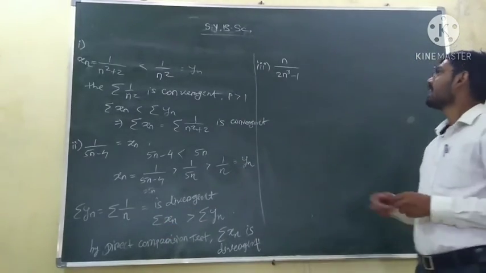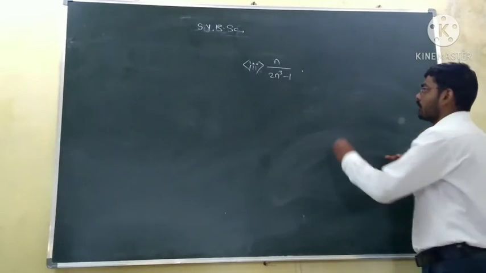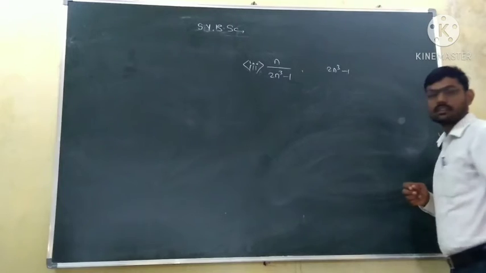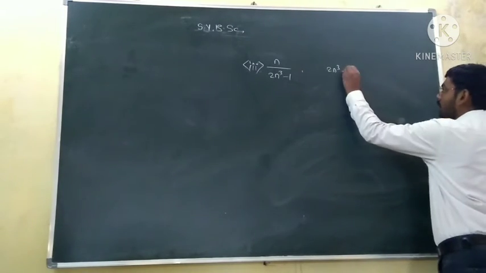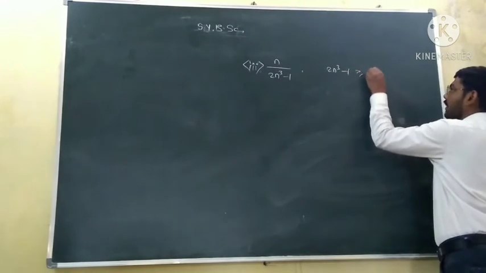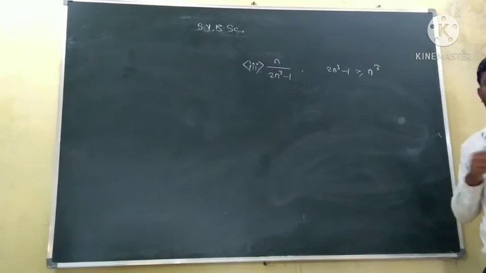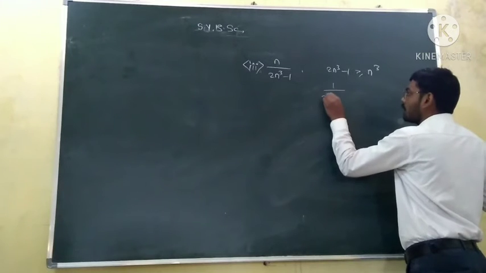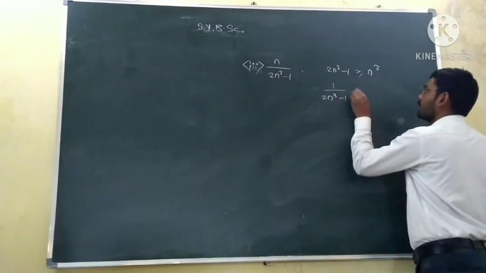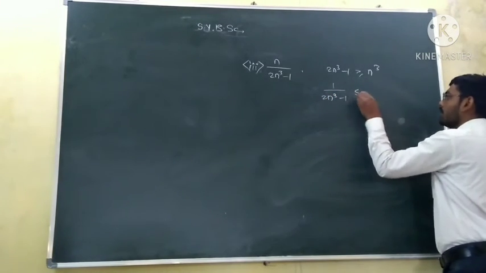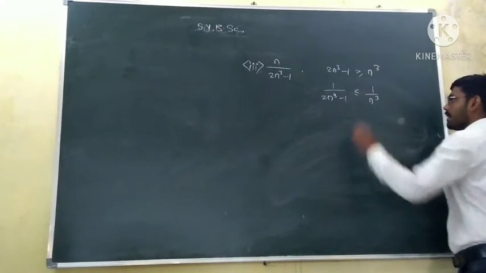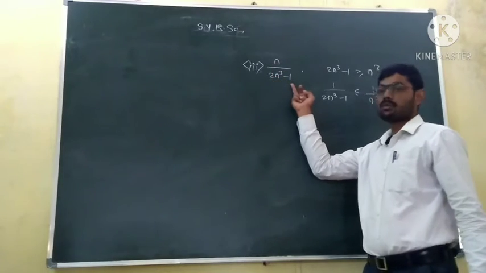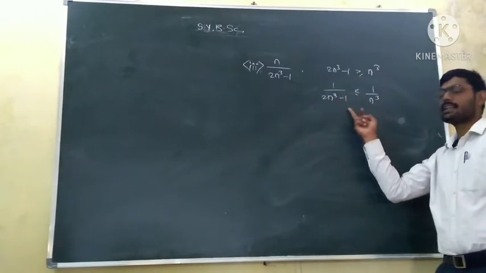Then here we know that 2n cube minus 1 is always greater than or equal to the term n cube. So 1 upon 2n cube minus 1 must be less than or equal to 1 upon n cube. But here we want n upon 2n cube minus 1, and here it is only 1 upon 2n cube minus 1.